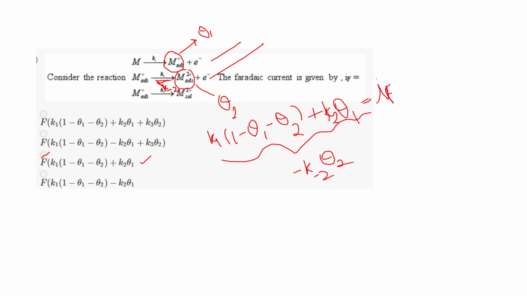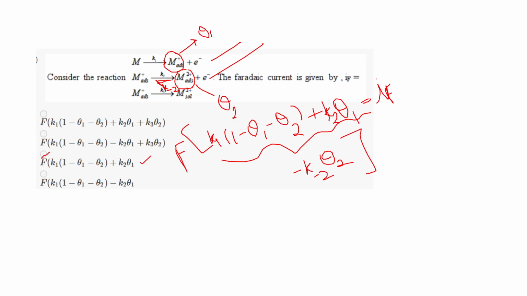Basically you are writing the rate of the reaction, right? The forward rate is considered positive and the backward reaction is considered negative. Is that clear? Right, clear. If you were confused, it was about the third and fourth options only. The first two options are not, that is for sure, but we were confused in the third and fourth only. So only if it is a reversible step, with something happening in the backward direction, we take that as negative.